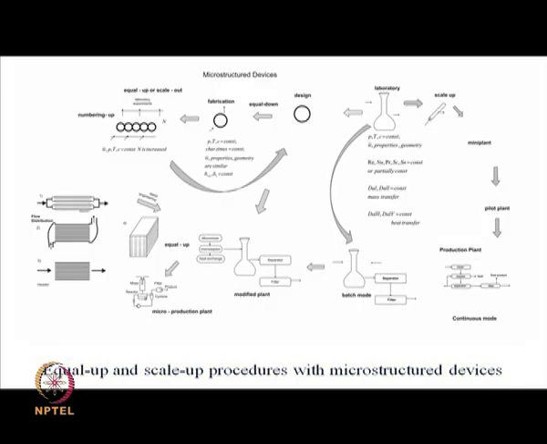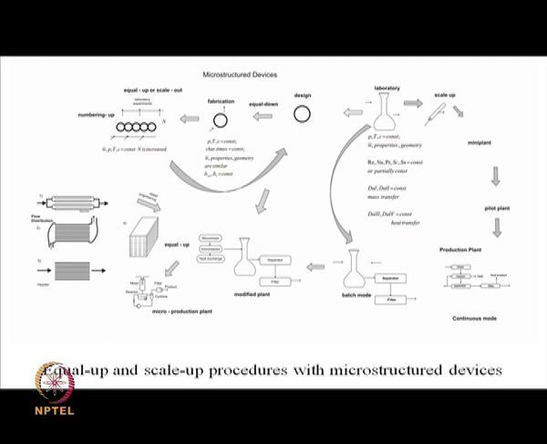This is the same one with the problems highlighted. What you have on one side is the laboratory, and we have two ways to go. We can either go towards the microstructured device part, or we can go towards a standard large macro scale equipment design.